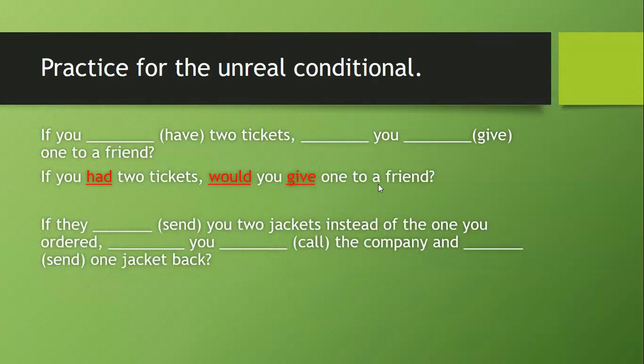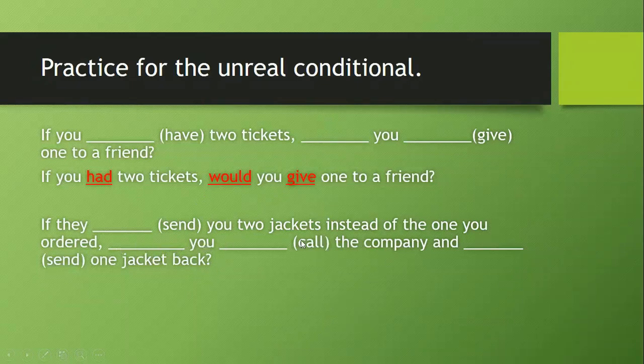Okay, here we have another one. If the if statement, right, then it means that this verb will be in past. If they ___ you two jackets instead of the one you ordered, would you call the company and send one jacket back? Here you see would, right? This is a question. So here we have to use would too.